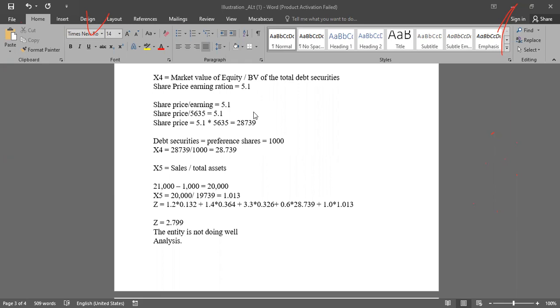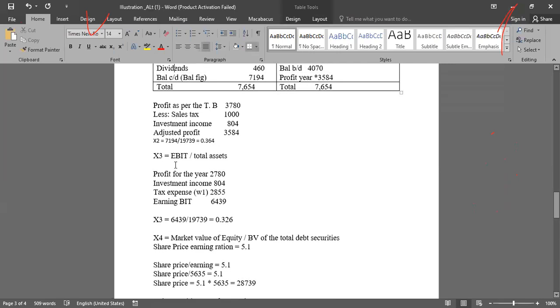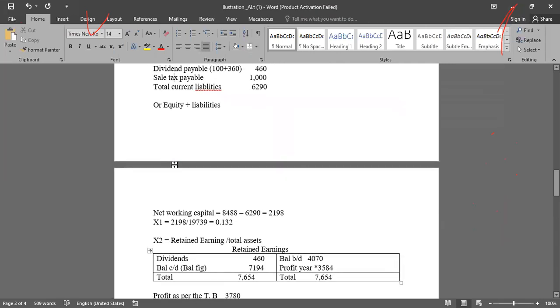So still explaining regarding the Z score. You're doing badly, that's for sure. And justification of this bad figure is easy. Just look at these ratios, you say they're bad, bad, bad, bad, bad. For example, X1 is 0.1333.